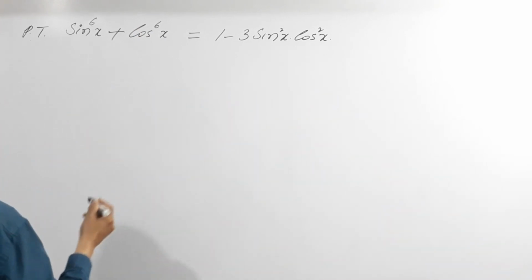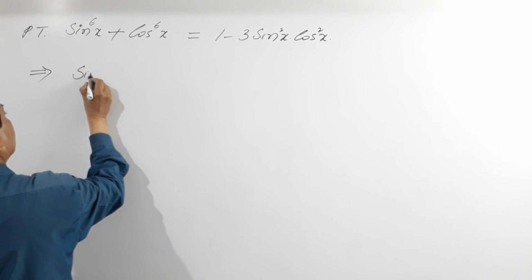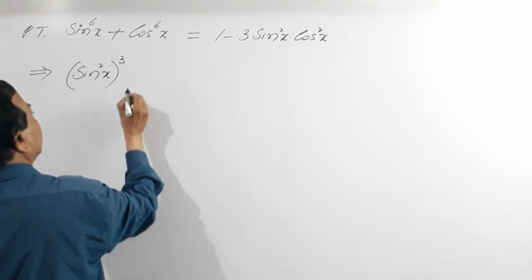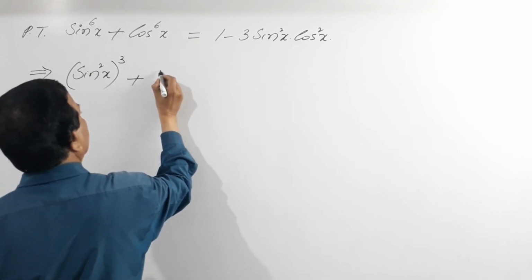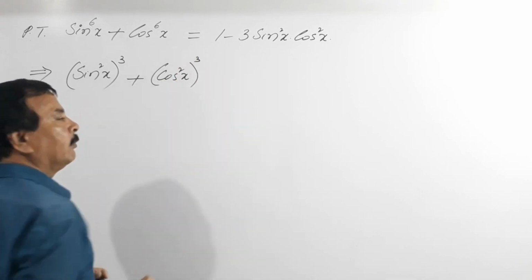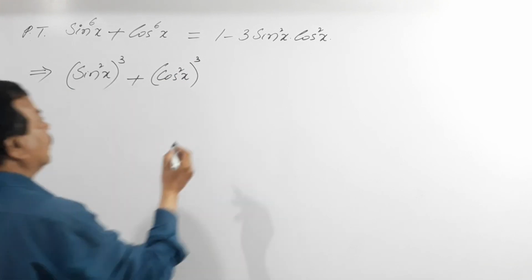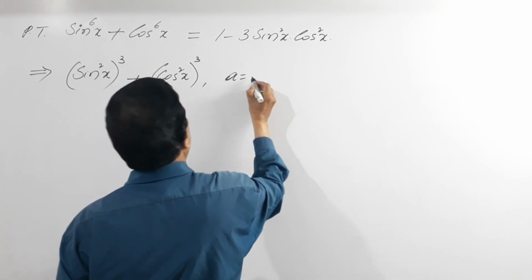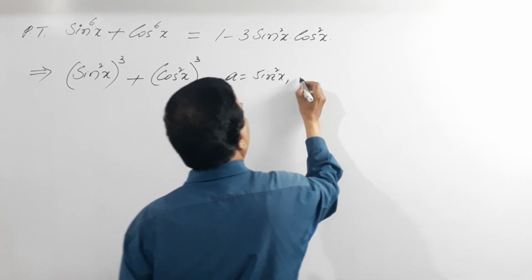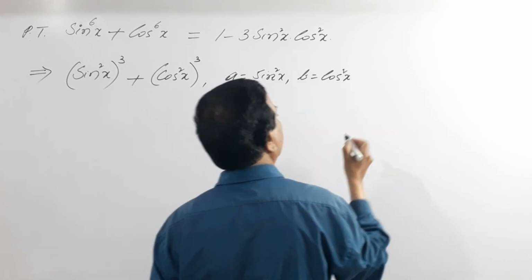So we can write like this, that is, sin square x to the power of 3 plus cos square x to the power of 3. ये क्या हो गया? a cube plus b cube. So here a equals sin square x, b equals cos square x.